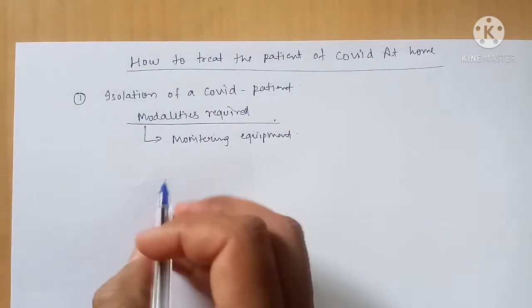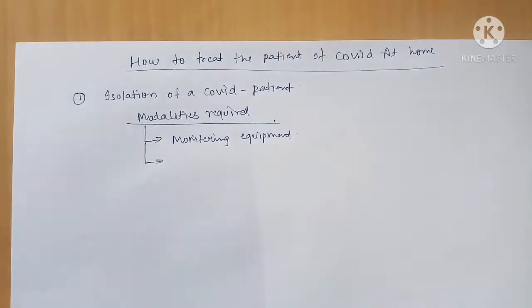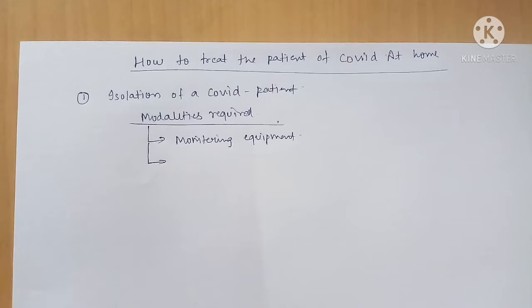The second point is that at the isolated place where the patient is kept, there should be proper ventilation. Keep the patient in a properly aerated room with a ceiling fan, but not in an AC or a cooler, with open windows, so that the infection won't spread to other people.